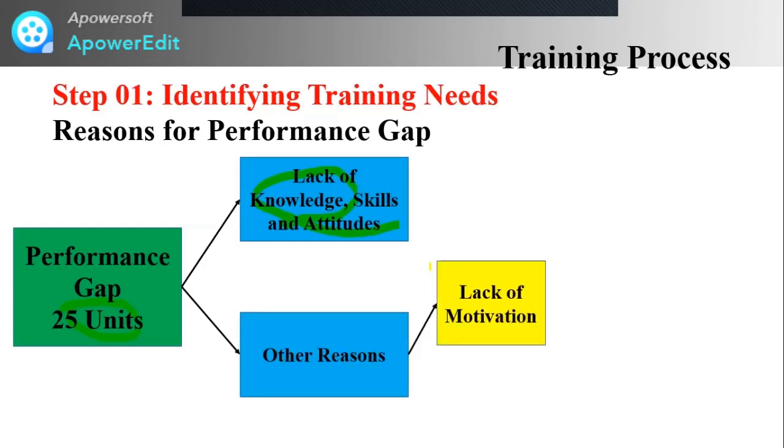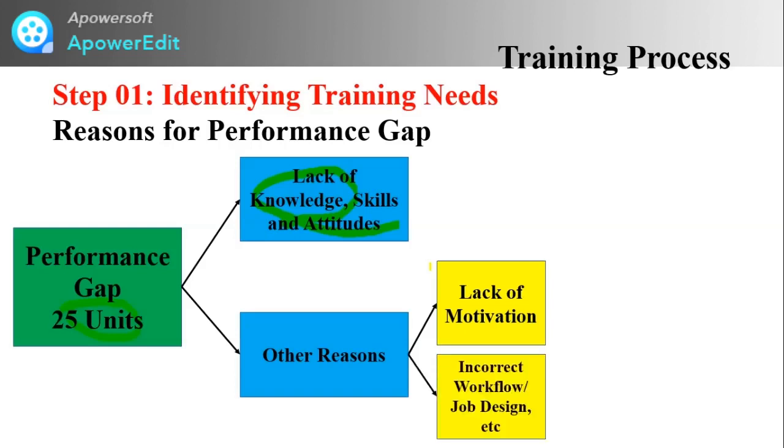First one, lack of motivation. The workers' skill, competency, knowledge, everything is okay, but 25 units are lacking. The reason is the worker is competent, but he or she does not like to do their best because of lack of motivation. Then other reasons, incorrect workflow or job design.